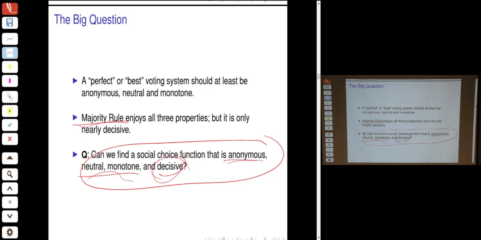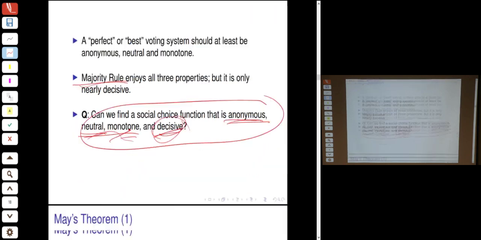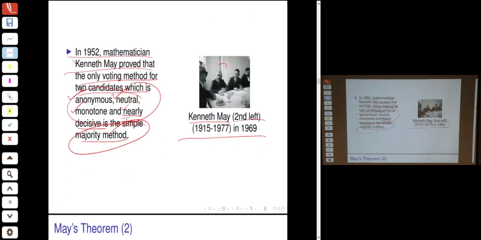The answer is no, because if you are anonymous, neutral, monotone, and fully decisive, that means in particular that you are also nearly decisive. And then you are stuck with the simple majority method by May's theorem.